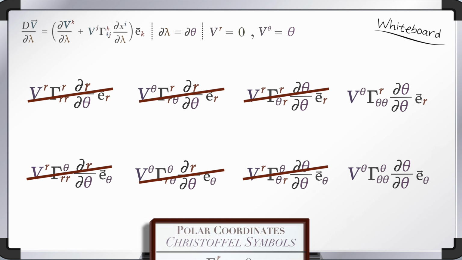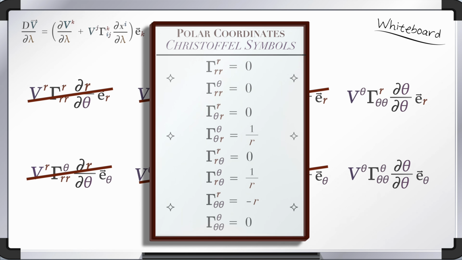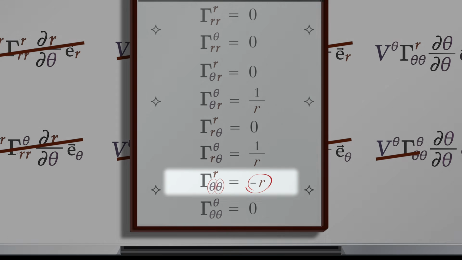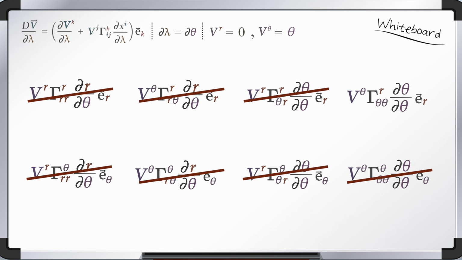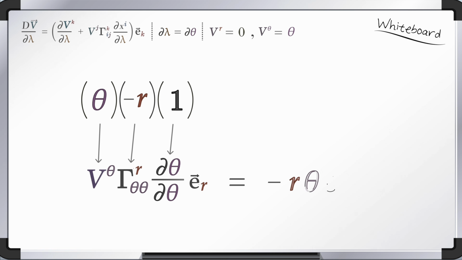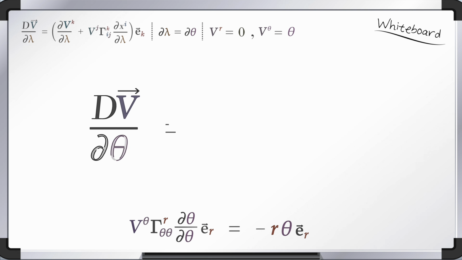Lastly, if we consult the list of Christoffel components for polar coordinates, we'll see there's only one non-zero component wherein both i and j equal theta, the component minus r. Substituting in the appropriate values then for our final remaining term and simplifying, we arrive at the expression for our covariant derivative. That is, dv/d theta equals e theta minus r theta er.